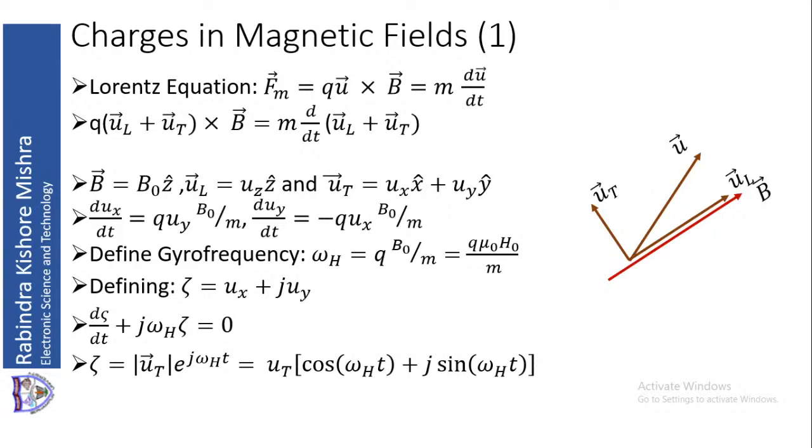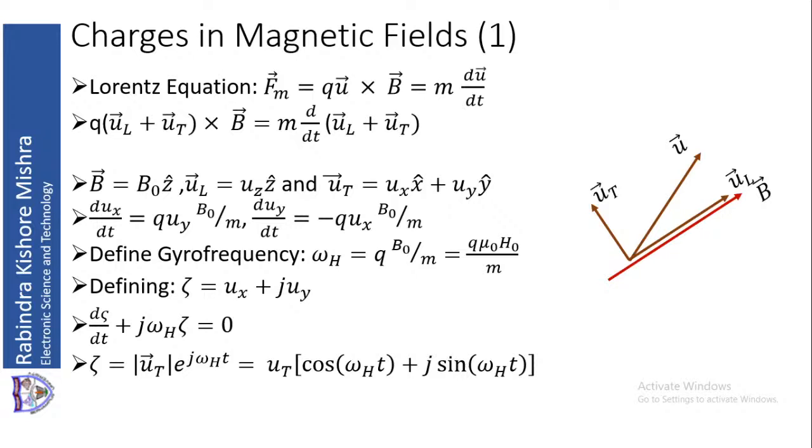If I add the right hand terms, take omega h common. Within the bracket I am going to get uy minus j ux. From that, let us take minus j common. That will give us minus j omega h into ux plus j uy.